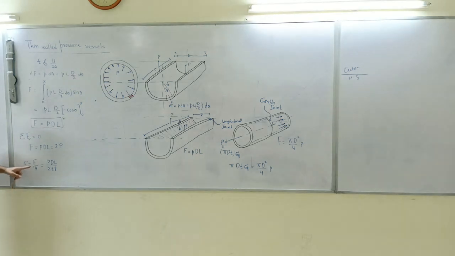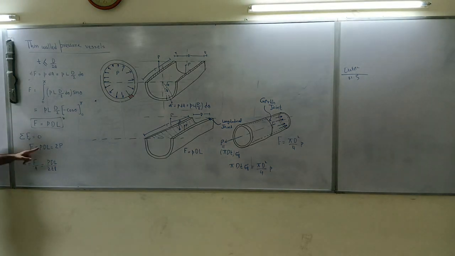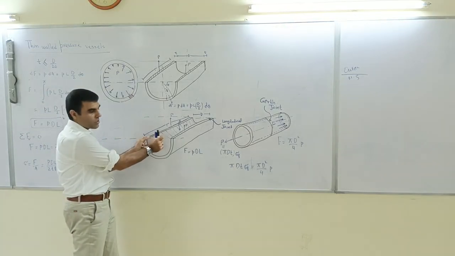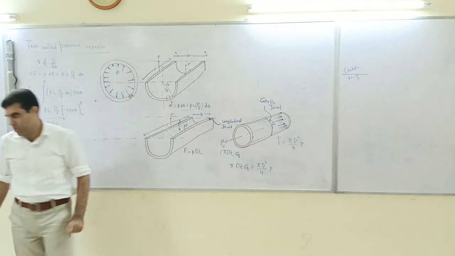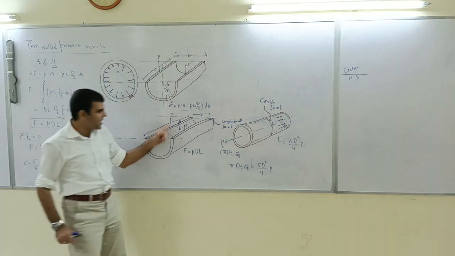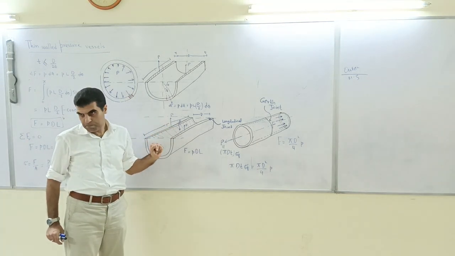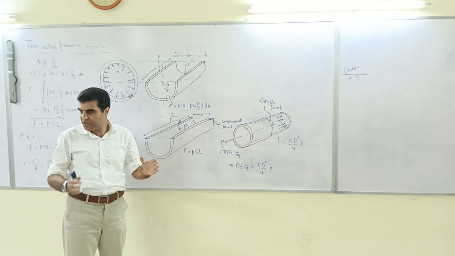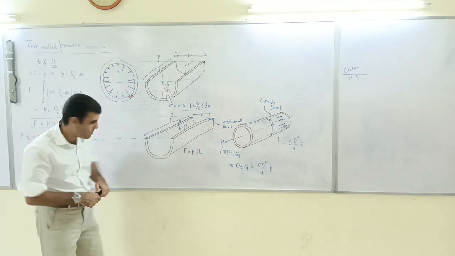So what we do is we write PDL times 2 times thickness L, because there are 2 walls resisting the pressure. Okay, there are 2 walls. So each wall is resisting P, and force F is the summation of both the P's.